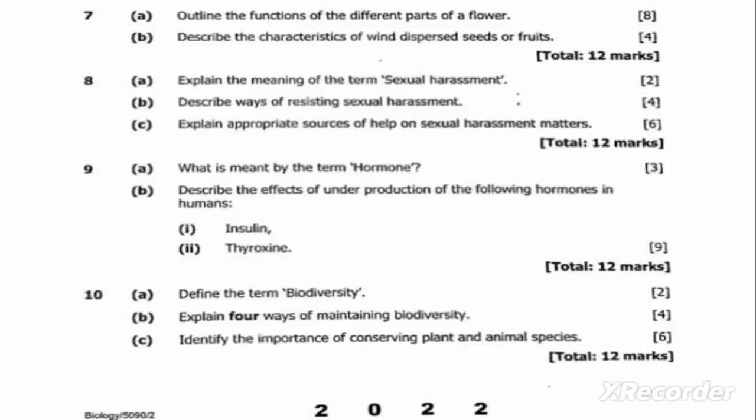When there is too much glucose in the body, insulin will spearhead the conversion of excess glucose to glycogen, and this prevents diabetes mellitus.